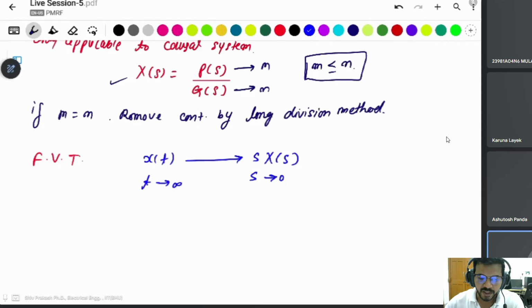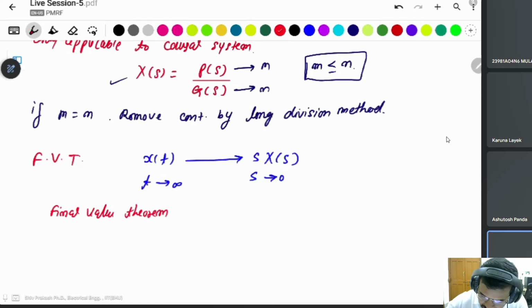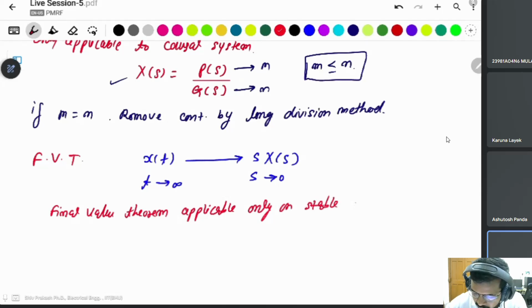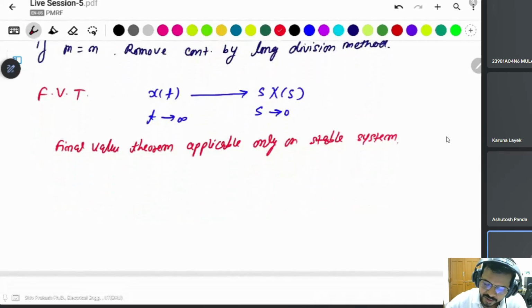And the final value theorem is applicable only on a stable system, not marginally stable, not an unstable system. You can't define the final value of that system.